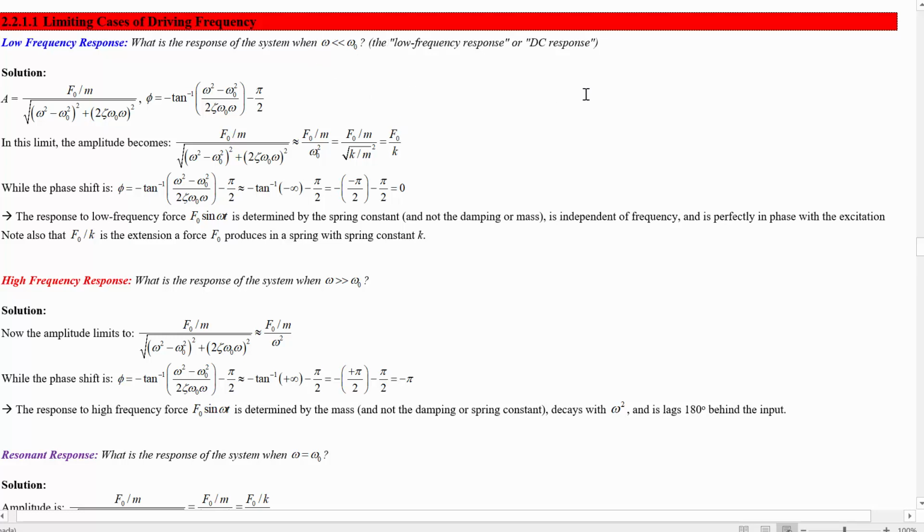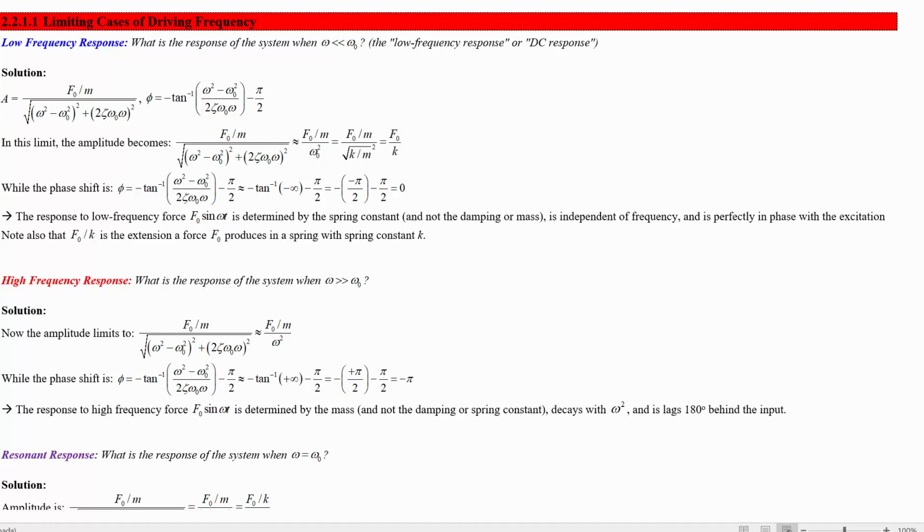How far does it move out and stop at? Well, f naught over k, because that's where the spring will balance the force that you're applying. There's no phase shift either. It moves exactly in time with the force that you're applying. So at low frequency, the motion goes exactly like the force that you're applying.